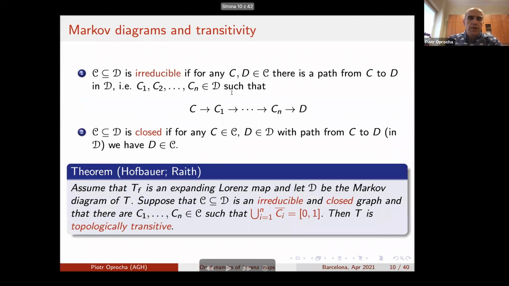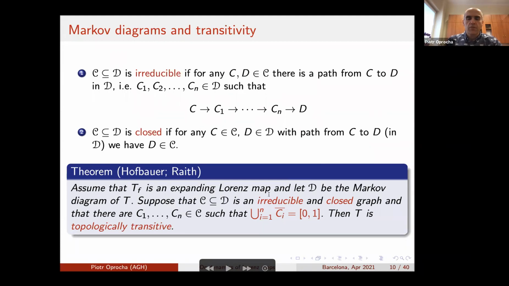What Hofbauer observed, and we were using this in a simplified form for Lorenz maps, because Hofbauer was doing this for as many pieces of monotonicity as you wish, while for us it was enough to have two of them, is that a sufficient condition for transitivity is similar to what you have in symbolic dynamics.